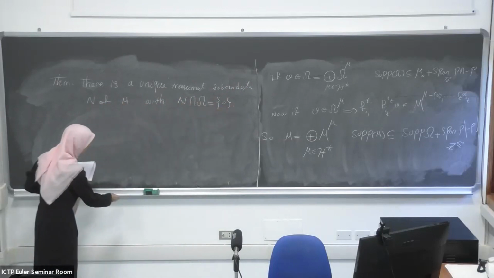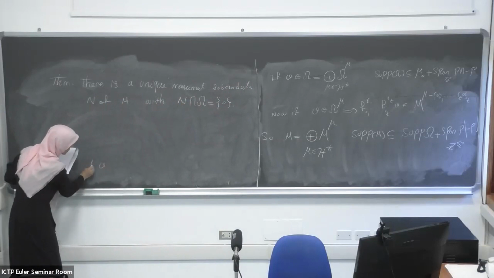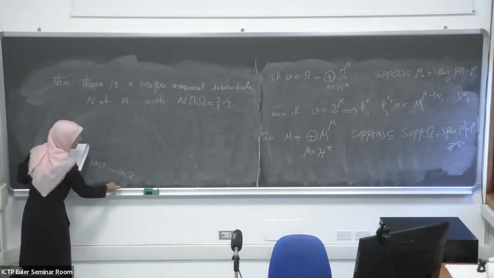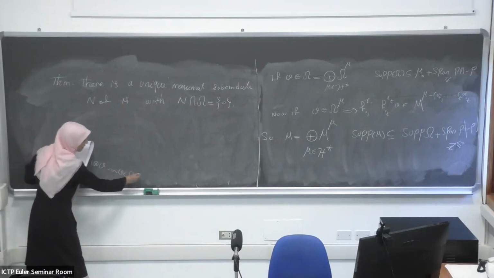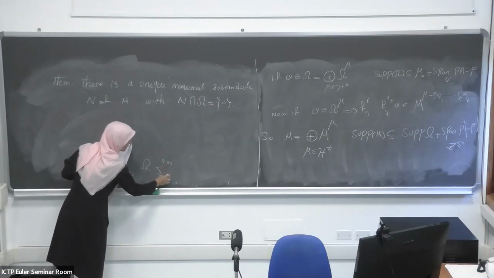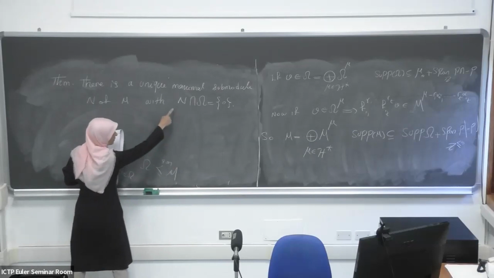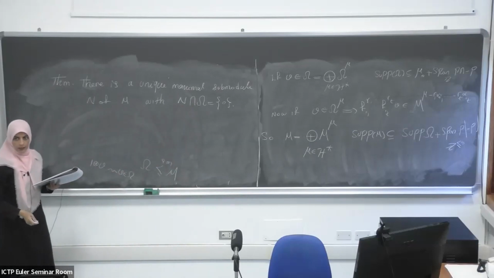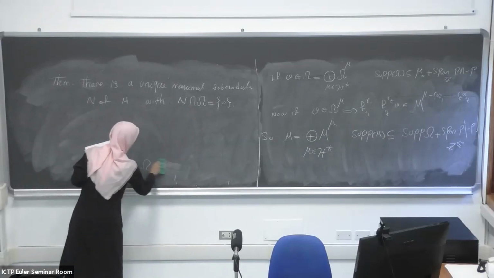I told you that I identify one tensor V with V, so for V belongs to omega, I can identify omega as a submodule of M. And because of that, I can talk about the intersection of two submodules, right? Okay.